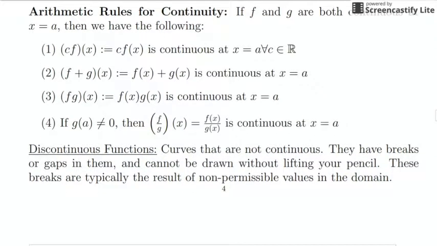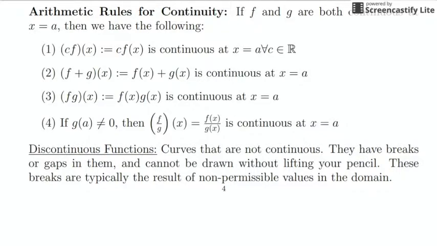The only thing we've got to be careful about here is their quotient. As long as g of a does not equal 0, then their quotient is also going to be continuous at a. And if I wanted to figure out what the limit is, I would just plug in that a, because I know it's going to be continuous everywhere except at its non-permissible values. And we've got to pay attention to that. That's a big issue here.